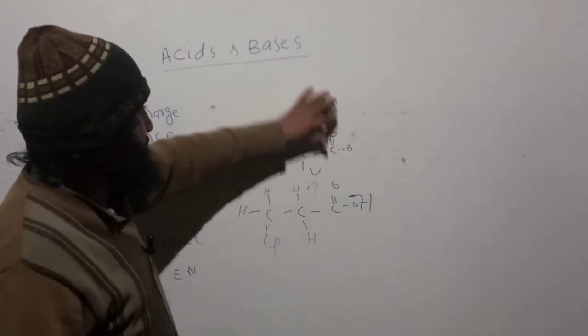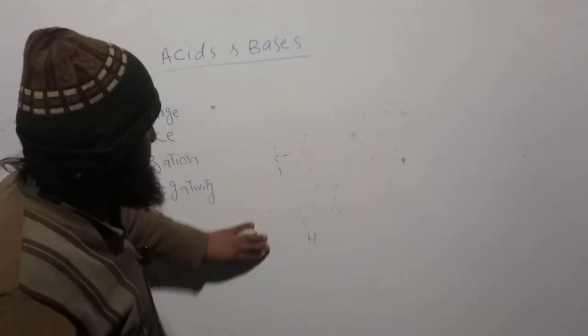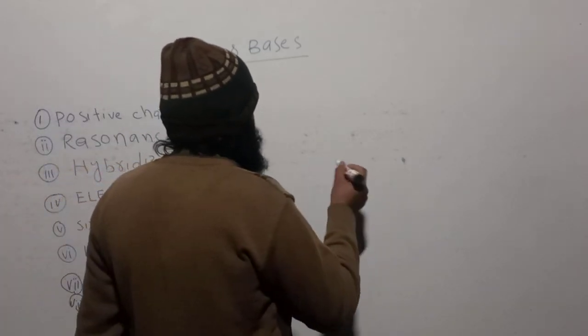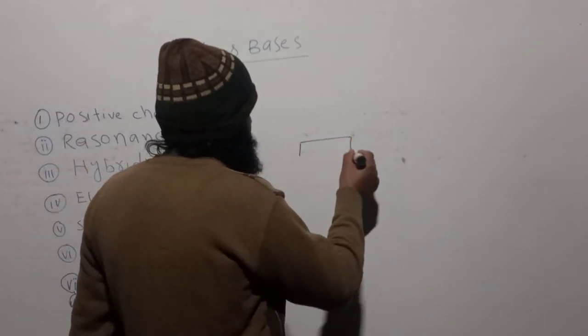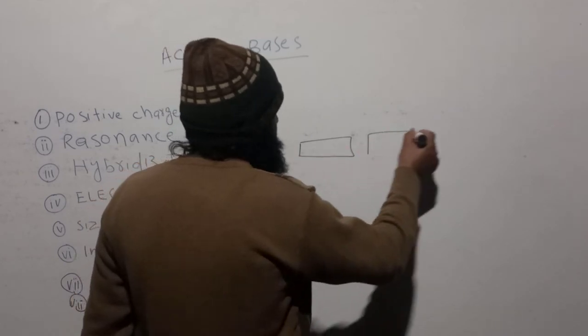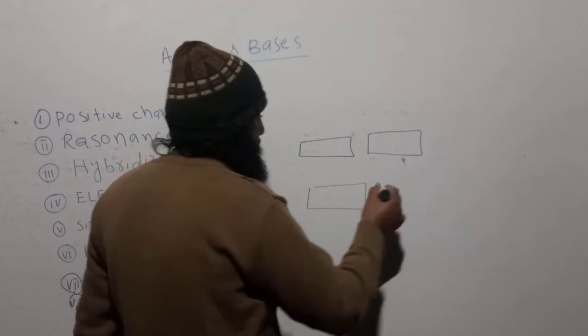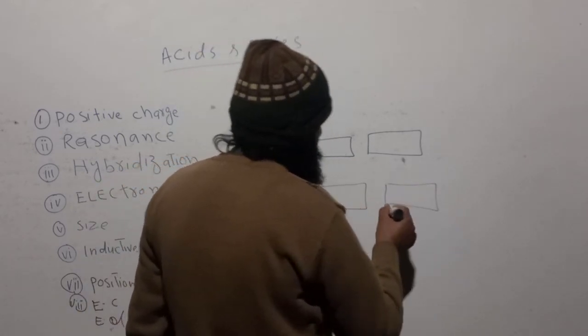Clear? You can see here, for example, these two are electronic configurations for two different species.